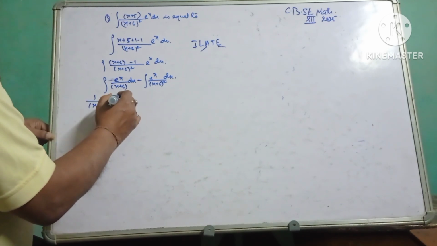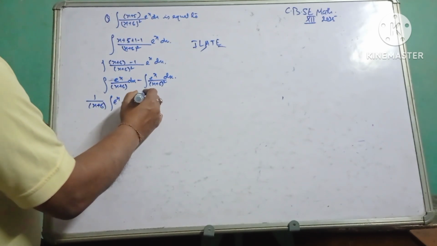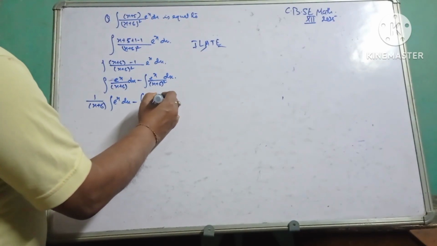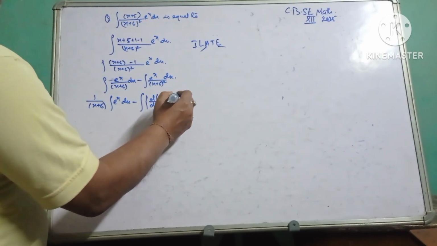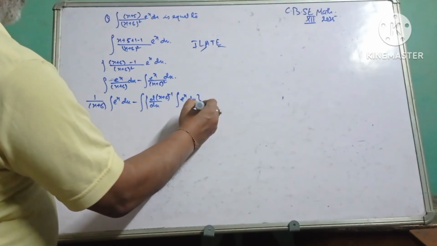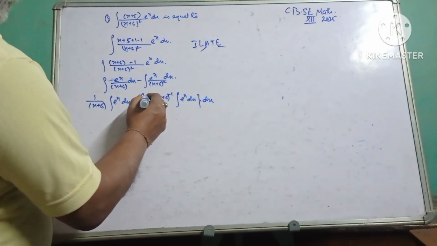integration e to the power of x dx minus integration of differentiation of first function, (x plus 6) to the power of minus 1, times integration e to the power of x dx, closed, dx.